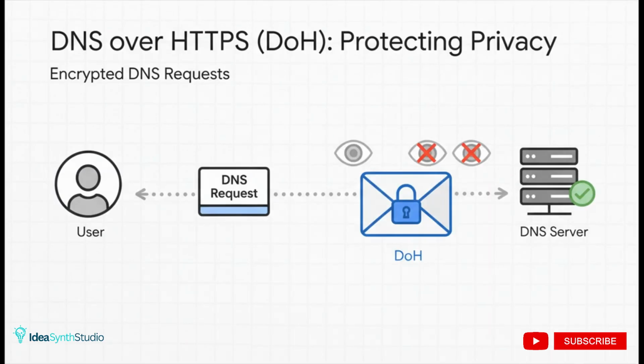To fight back against this kind of thing, security protocols like DNS over HTTPS or DOH were created. The best way to think about it is this. It's like putting your address request inside a sealed, encrypted envelope. It stops anyone from snooping on or changing your request while it's in transit.